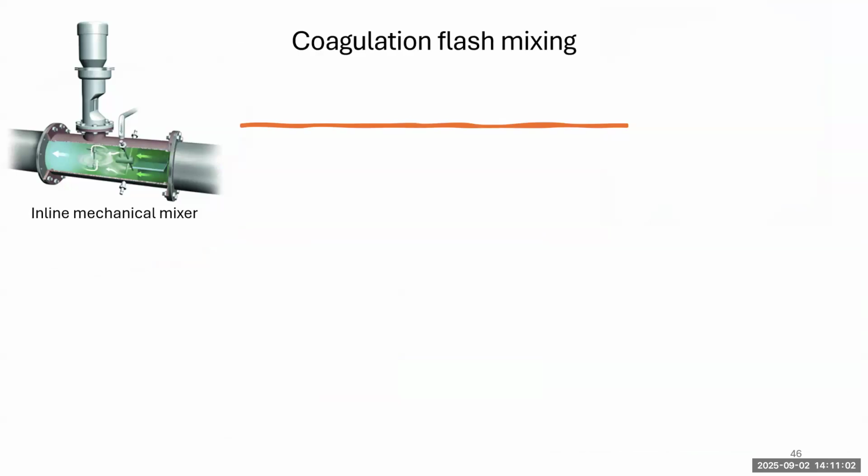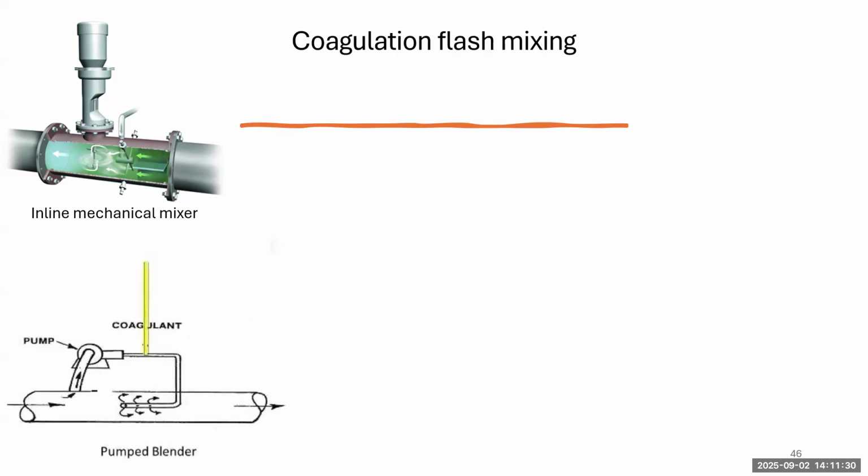The first here we have an inline mechanical mixer. You see a pipe coming down with an arrow, and it's feeding the chemical into the pipe, and then it's feeding it backwards against the flow in that pipe, and then it hits a mechanical mixer, propeller, and it's mixed into the pipe before it even gets to the basin, to the next basin. That's a very efficient way to do it.